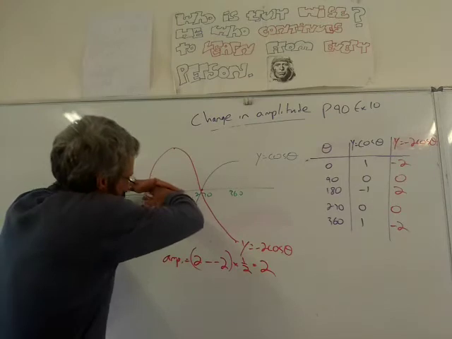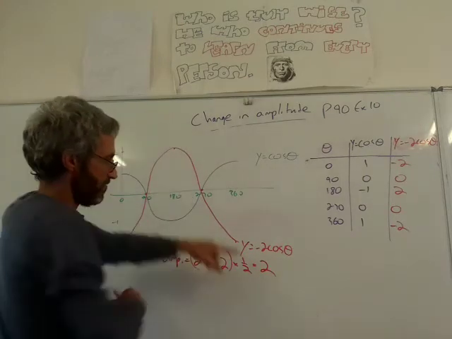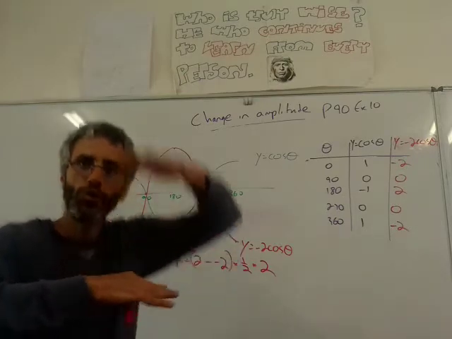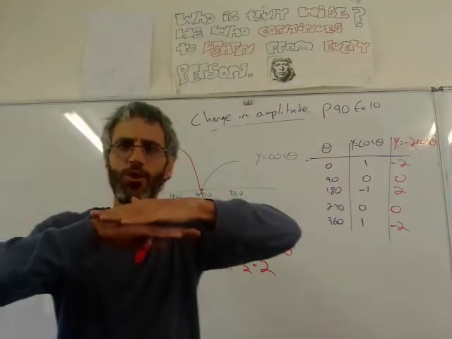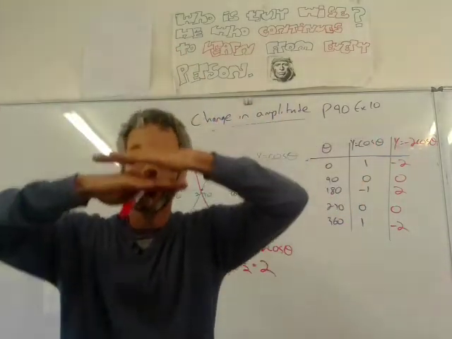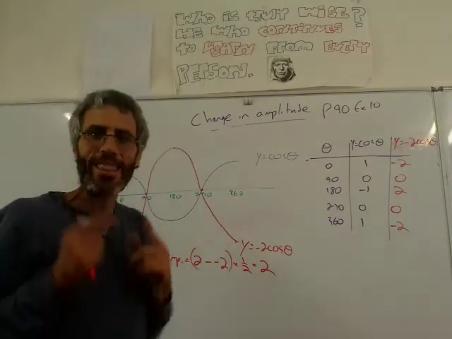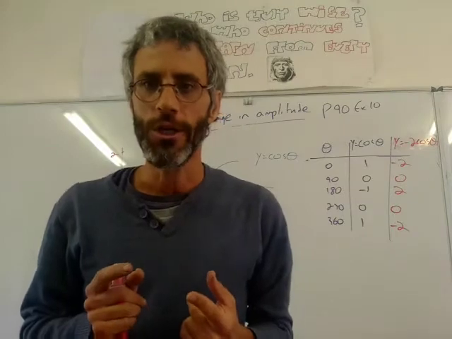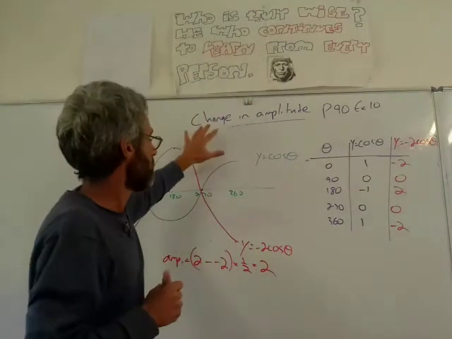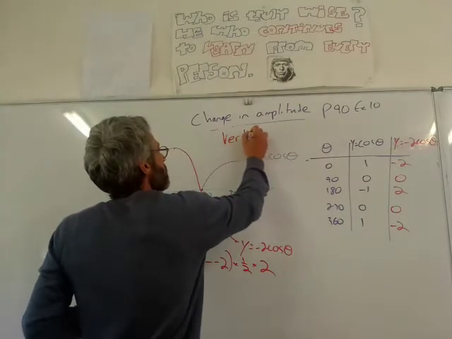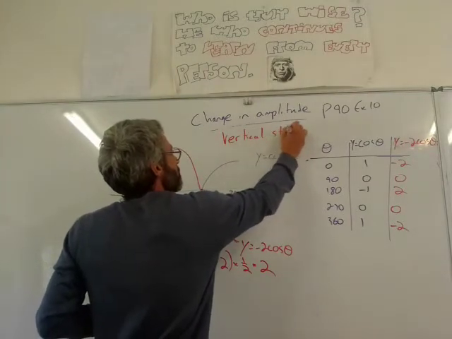By making the amplitude bigger, in fact by doubling it, the amplitude went from 1 to 2, we stretched the graph. But we didn't stretch it like that. We stretched the graph like this, right? We took that graph and we stretched it in the vertical direction. So we also call this change in amplitude a vertical stretch.